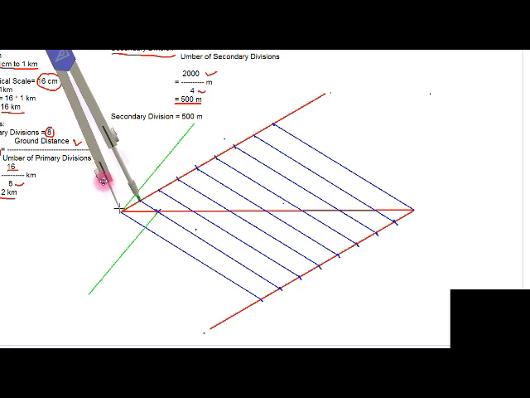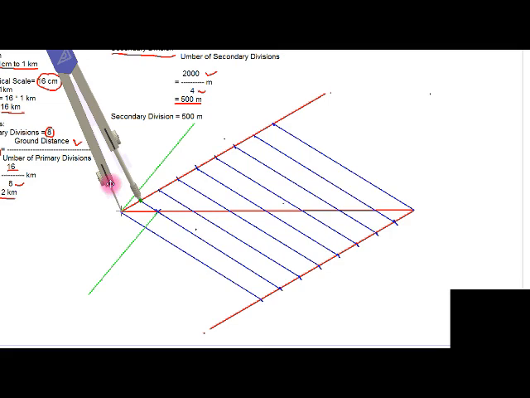So for the 4, you can take any distance, but you need not change the distance once you have taken that distance for the division of the diagonal line. It should not be changed frequently.